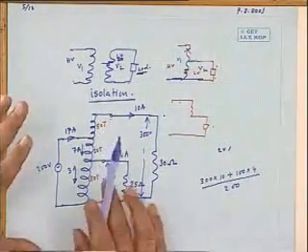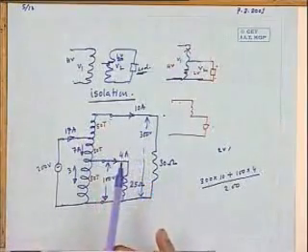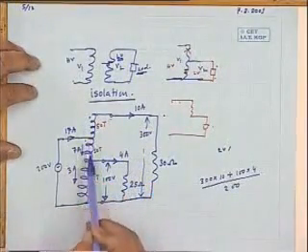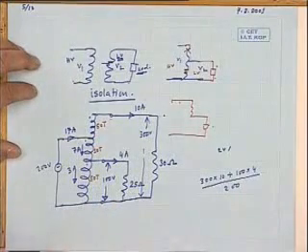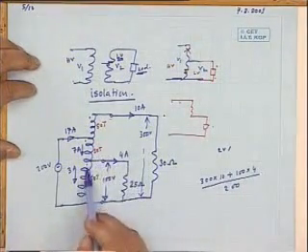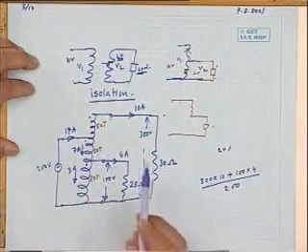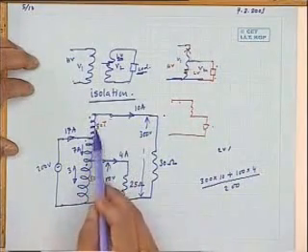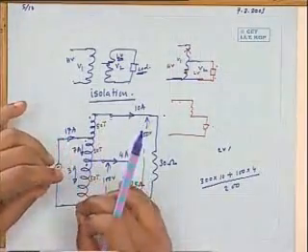But what I am trying to tell you after that is to examine whether this current distribution is correct or not. See, these are all dots, because the same winding continues. Now, what will be the MMF produced by this portion?